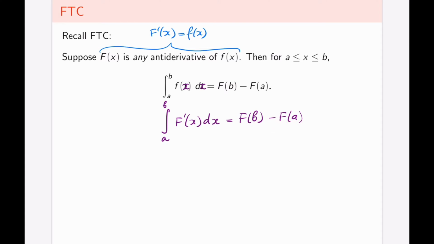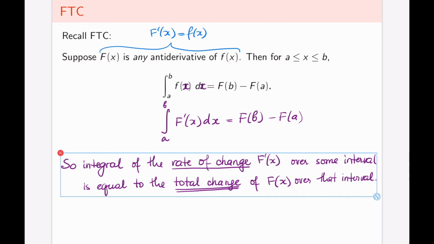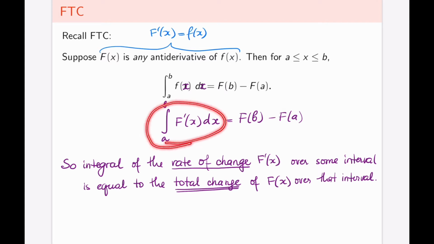This observation is really useful in order to understand how, for example, things like displacement, position function, velocity, and acceleration are connected to each other. So let's summarize this one more time. The integral of the rate of change on the left-hand side over some interval from a to b is equal to the total change over that same interval.